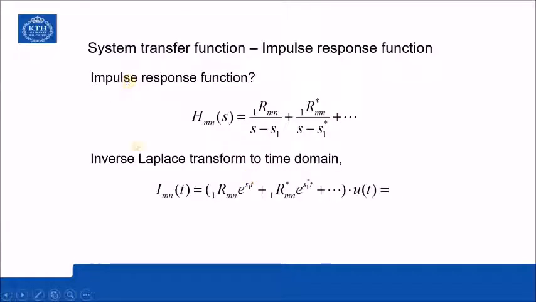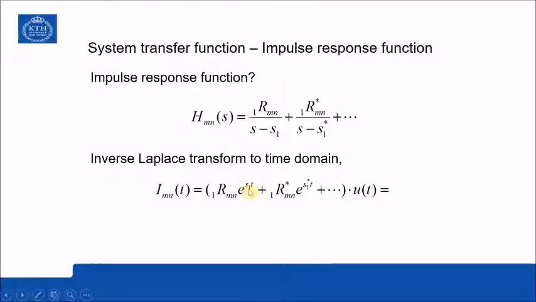To do this we need to inverse Laplace transform this expression to the time domain. By using the inverse Laplace transform of this kind of expression, we get this impulse response contribution. The residue multiplies the exponential of s1 t.